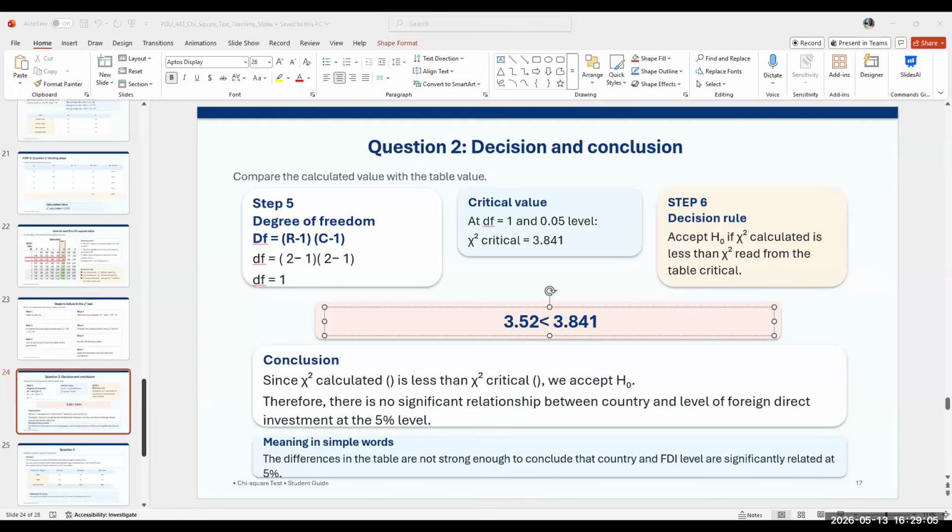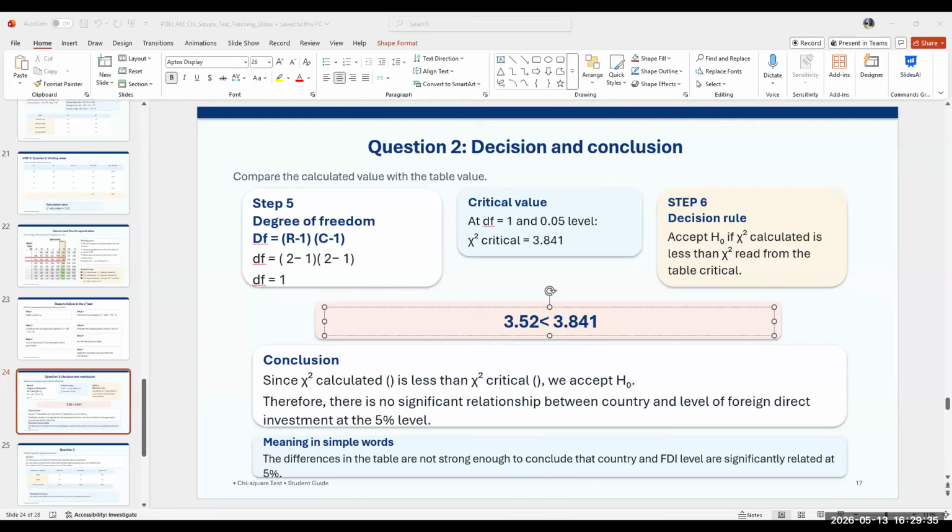Is the S square we calculated in the table less than the S square we read from the table? Yes. So if so, what does the decision rule say? You have to accept HO.